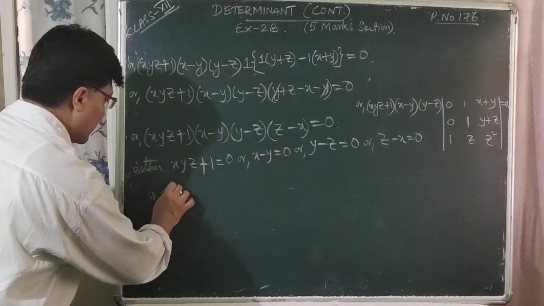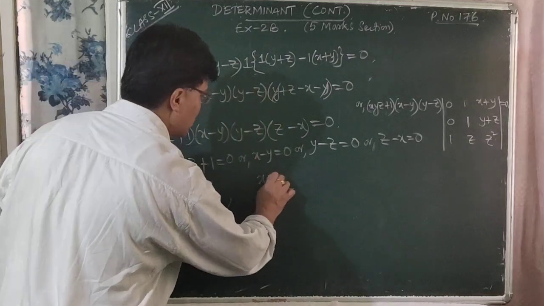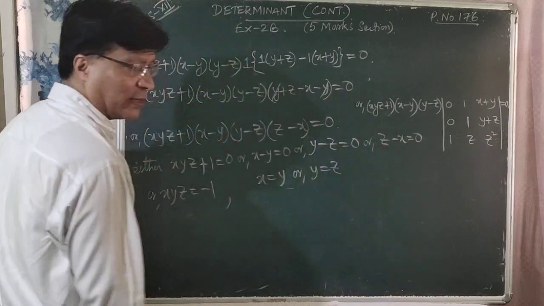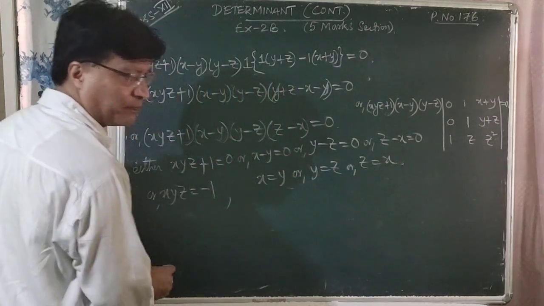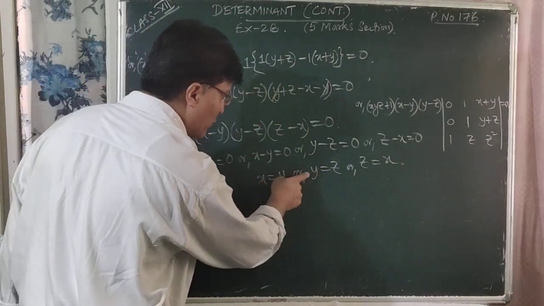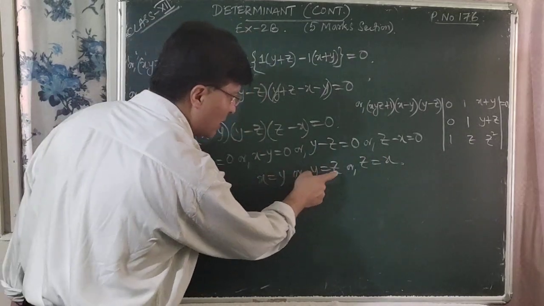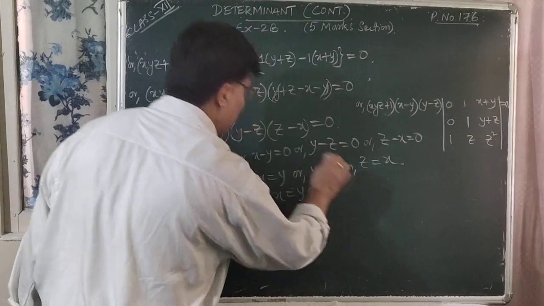So from here you can write xyz is equal to minus 1, and here you can write x is equal to y, or y is equal to z, minus z is taken to the right hand side, or z is equal to x. So if we combine these three, x is equal to y, y is equal to z, z is equal to x, you can write x is equal to y is equal to z.